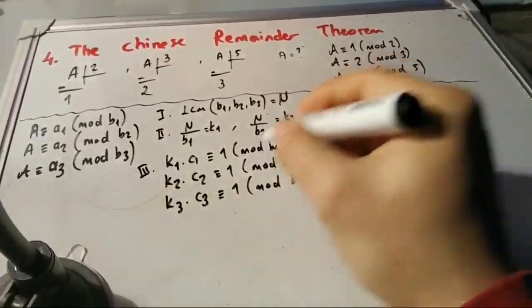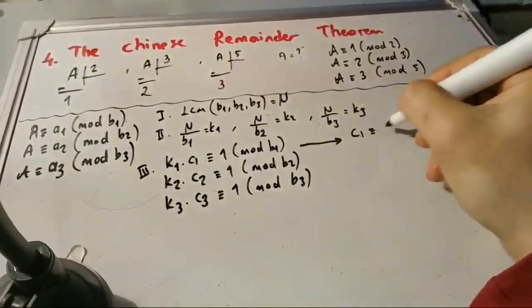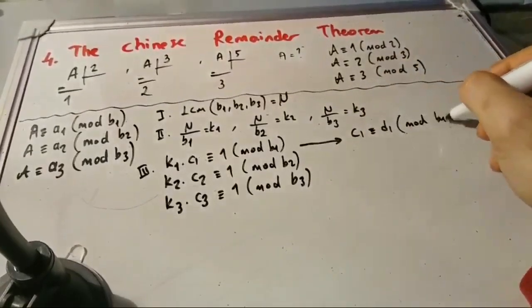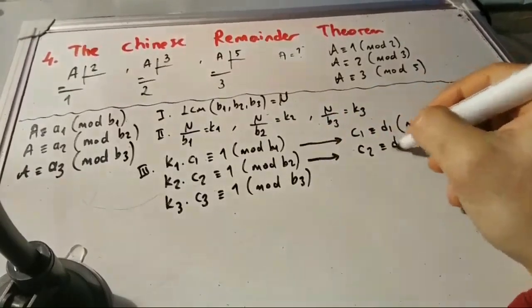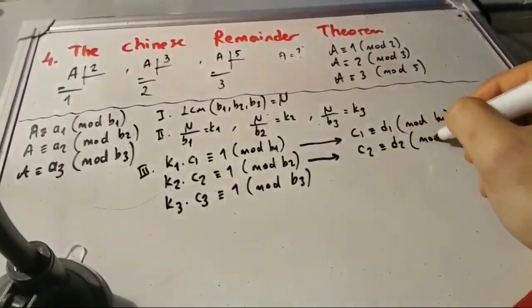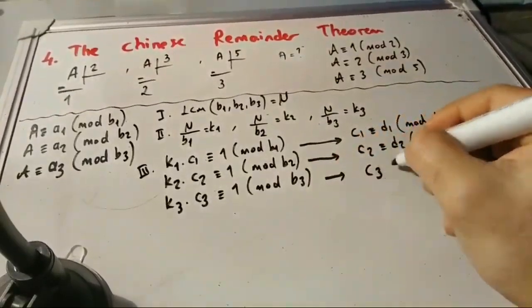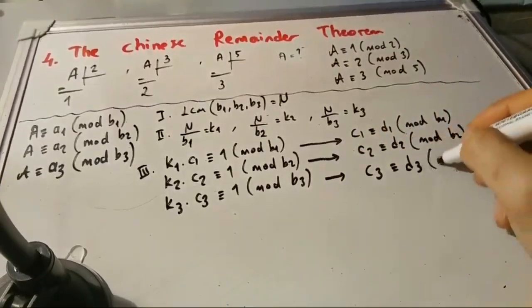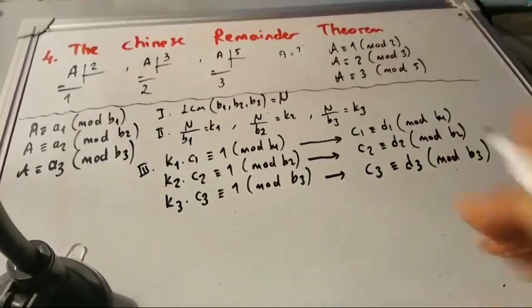And from here, from the first, we have to find c1 is congruent to d1 in mod b1. From the second, c2 is congruent to d2 in mod b2, and from the last, c3 is congruent to d3 in mod b3.